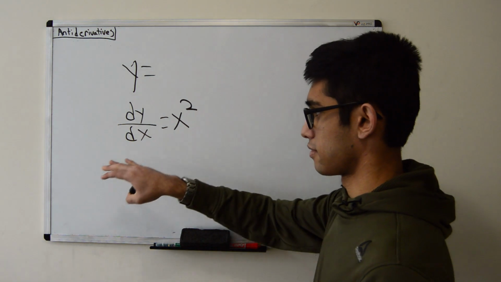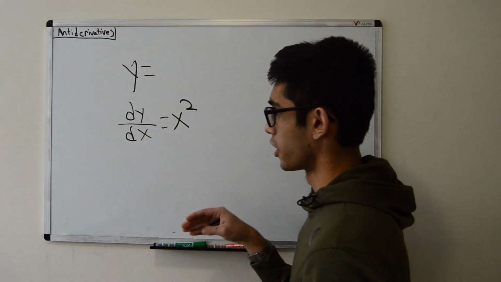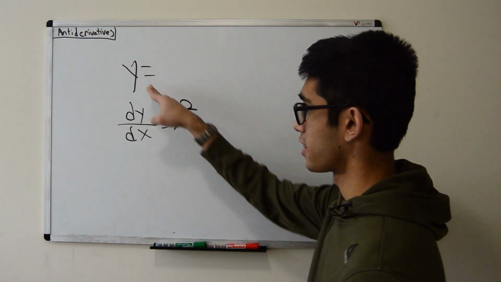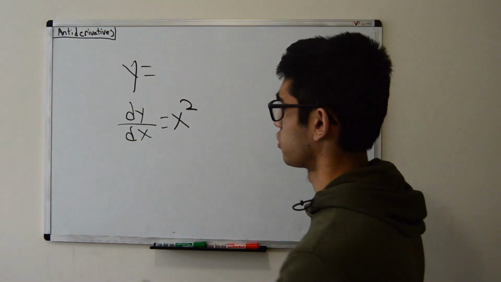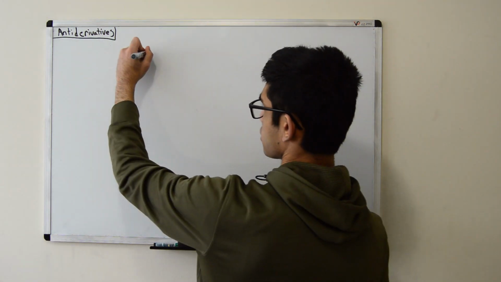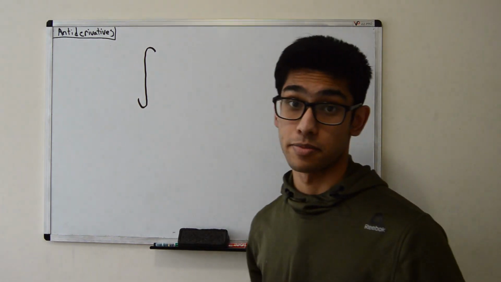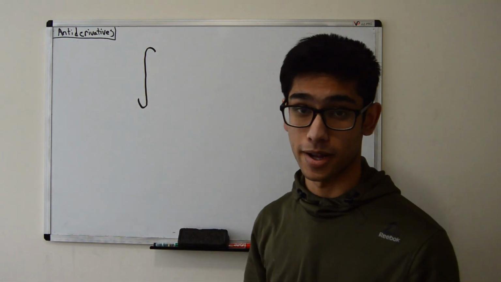So we don't get questions like this, where you'll have dy dx equals x squared and they want you to find y. That's not how it's going to look. How it's going to look is this. There's going to be a symbol that looks like that. Very cool looking symbol in my opinion, but that's the process of integration.